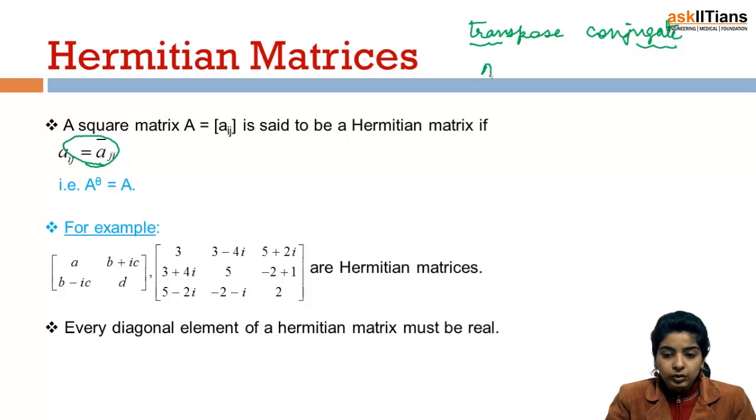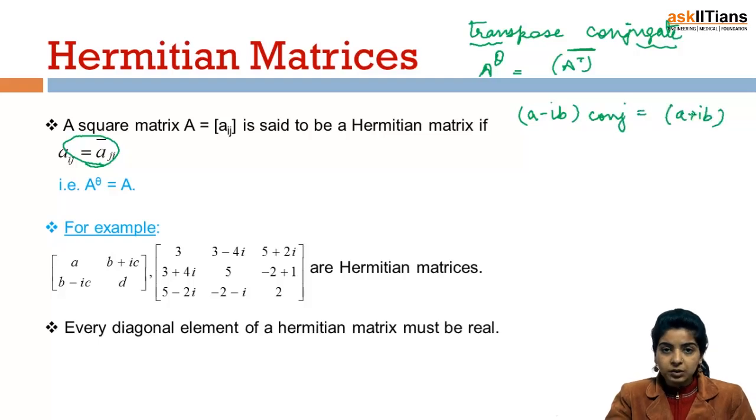If we have a matrix A, then its transpose conjugate is defined as A theta, which means A transpose conjugate. Conjugate is denoted by a bar. What do we mean by the conjugate of a number? If you remember, for a complex number a minus ib, we just change the sign of the imaginary part, and that is the conjugate.